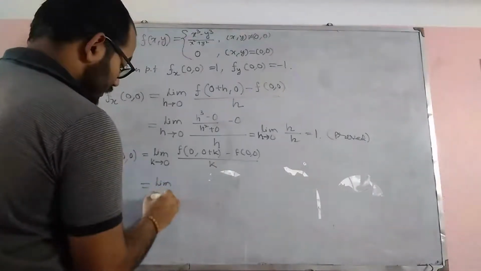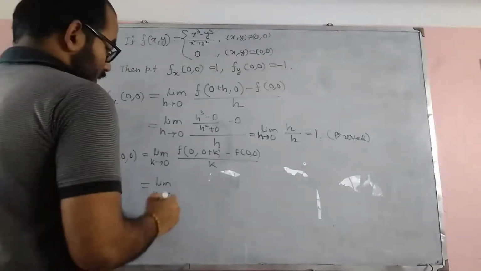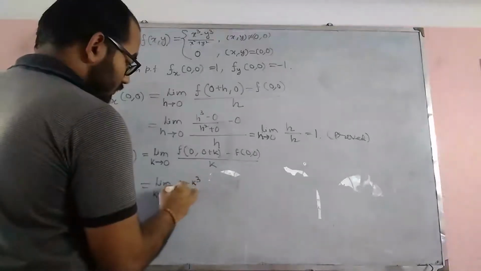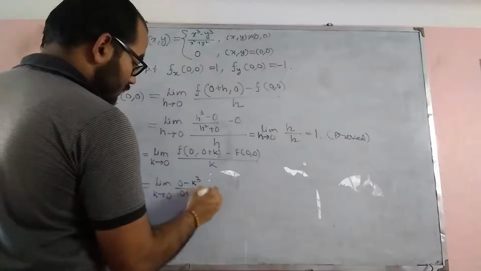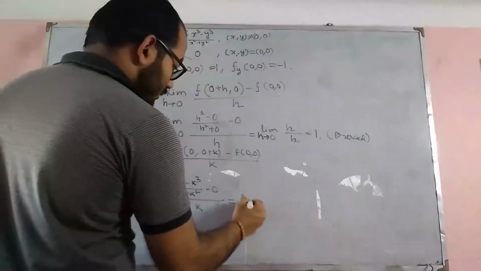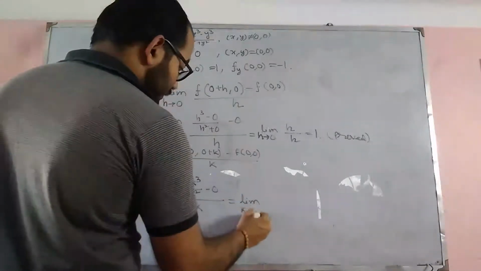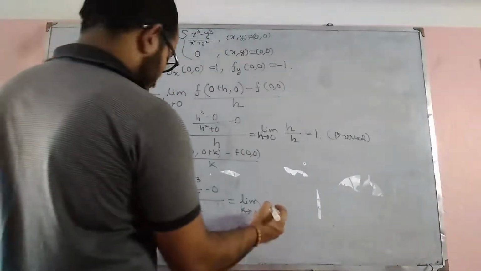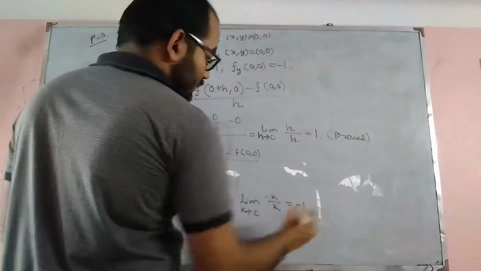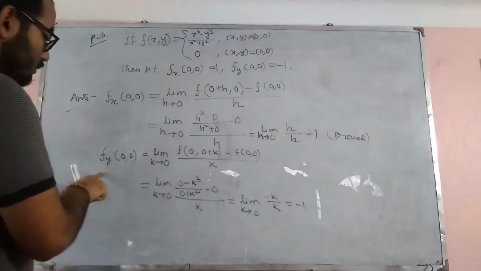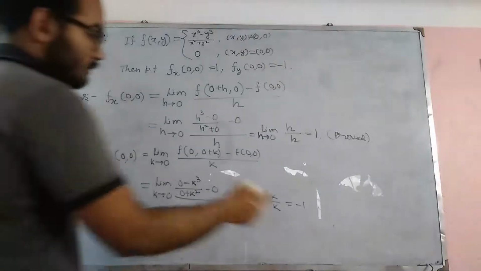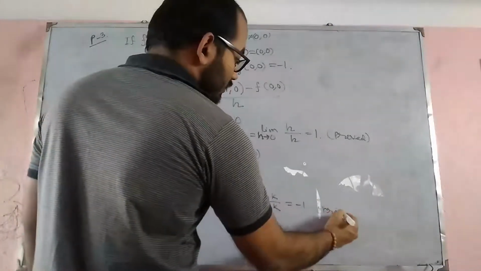Limit k tends to 0, 0 minus k cube by 0 plus k square, by k, and this comes out to minus k by k, and this will be minus 1. So we have proved fy at 0 0 is equal to minus 1. Proved.